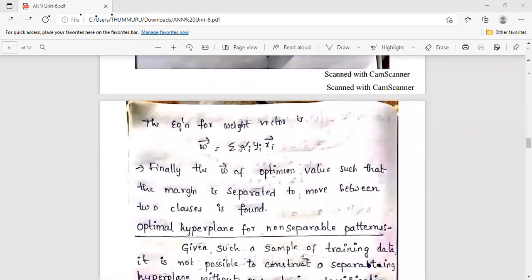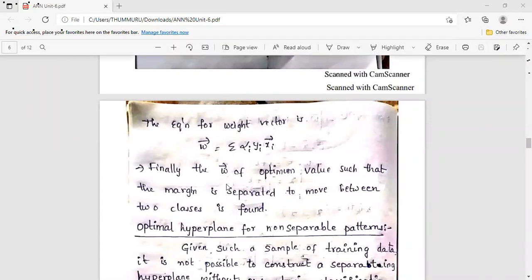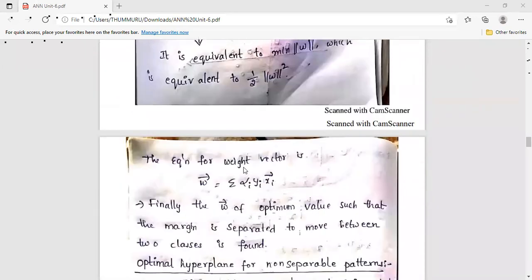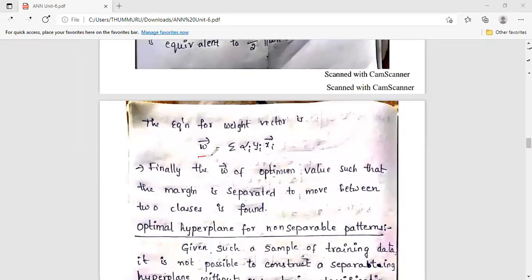Now calculate the weight vector. What is the formula for the weight vector? You can substitute this formula: weight vector equals sigma alpha i into yi into xi bar.